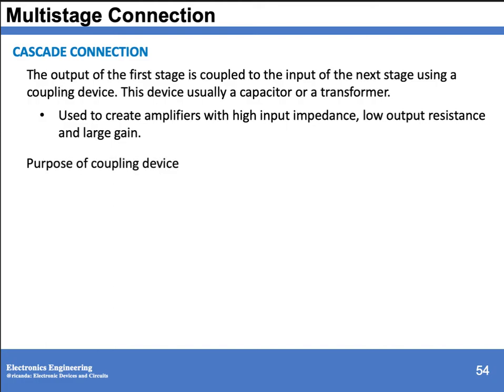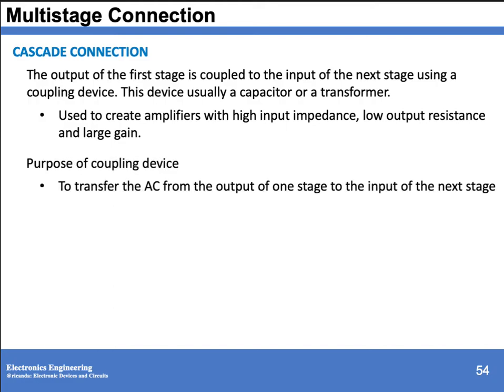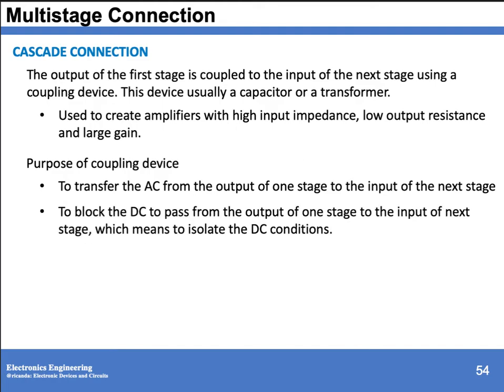The purpose of the coupling device is to transfer the AC from the output of one stage to the input of the next stage, and to block the DC from passing from one stage to the next, which means we isolate the DC condition.